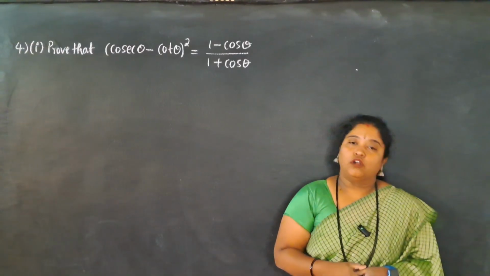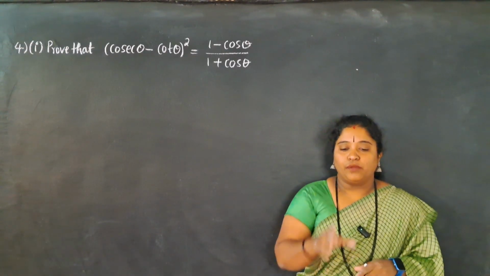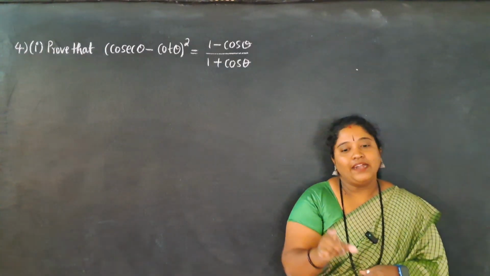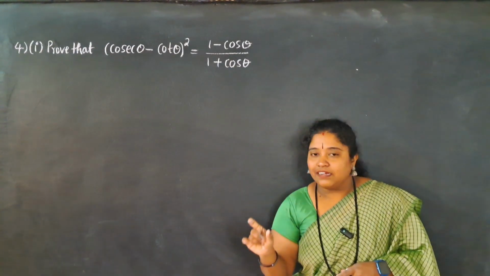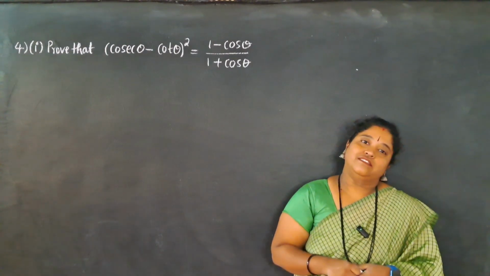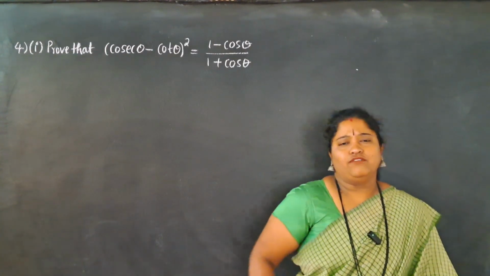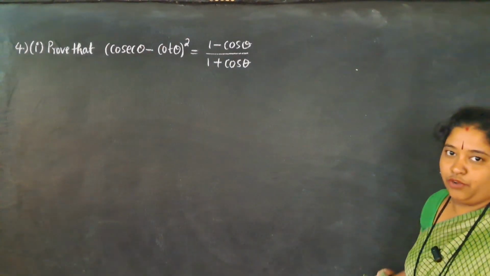Otherwise, if both are not possible, if you tried and you're not getting the proper one, then what you have to do is simplify the LHS part, reach one stable value, and simplify the RHS, reach one stable value, so that you can show LHS is equal to RHS. All types of sums we are going to solve in this video, and in the next coming videos also.